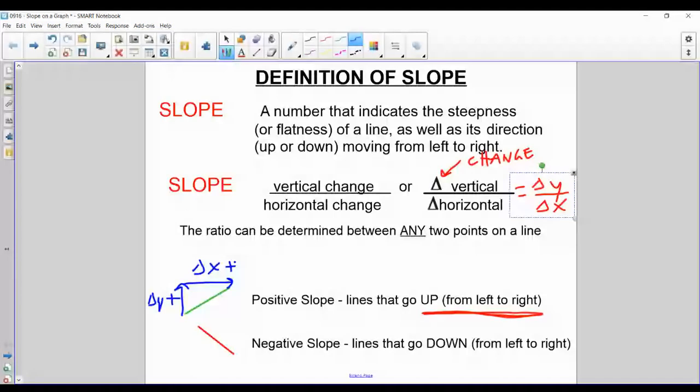If I have a negative slope, going from left to right, from a point here to here, my change in y is going down, so it's negative. But again, my change in x is always going to go to the right, so it's always positive. So it's the change in y that tells you whether it's going up or down.